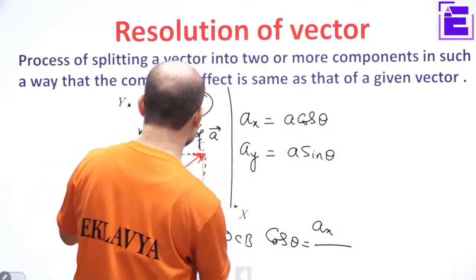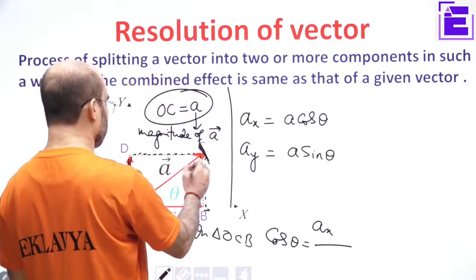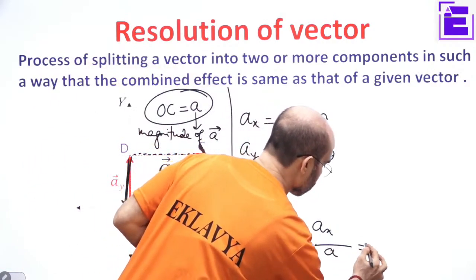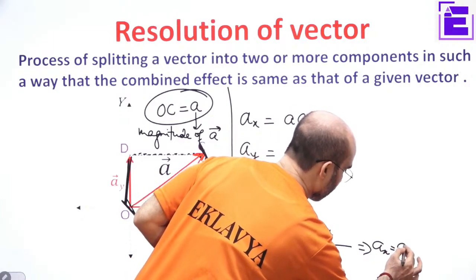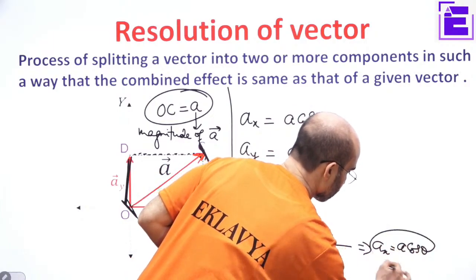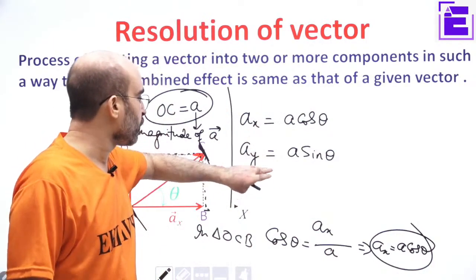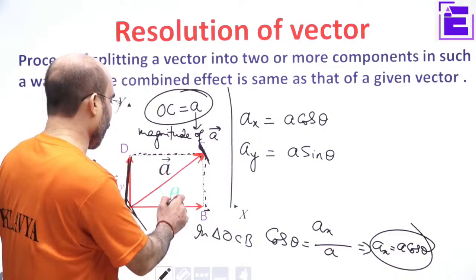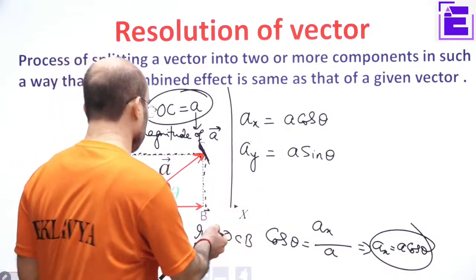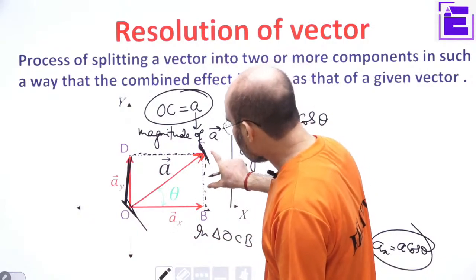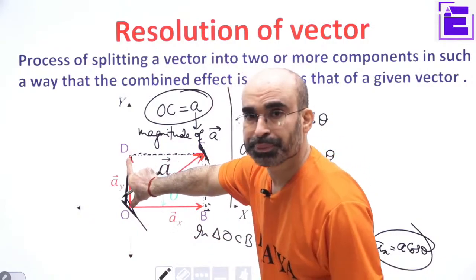That means the magnitude of A, the length of this vector, would be simply A. And that is why Ax equals A cos theta. In a very similar fashion, if you look into triangle OCB again, this and this are the same, no?